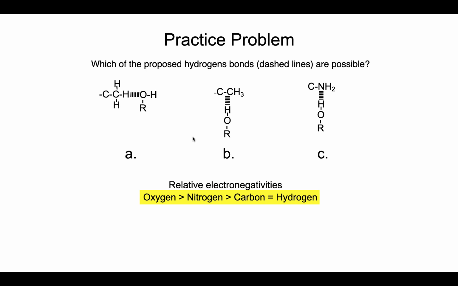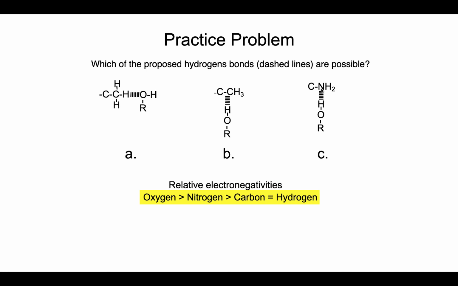All right. That leaves us with the third and final possibility. Let's go through each one of those. Do we have a partially positively charged hydrogen? There's our hydrogen. It's covalently bound to an oxygen. Oxygen is much more electronegative than hydrogen. Therefore, that hydrogen is indeed partially positively charged. Let's take a look at nitrogen.